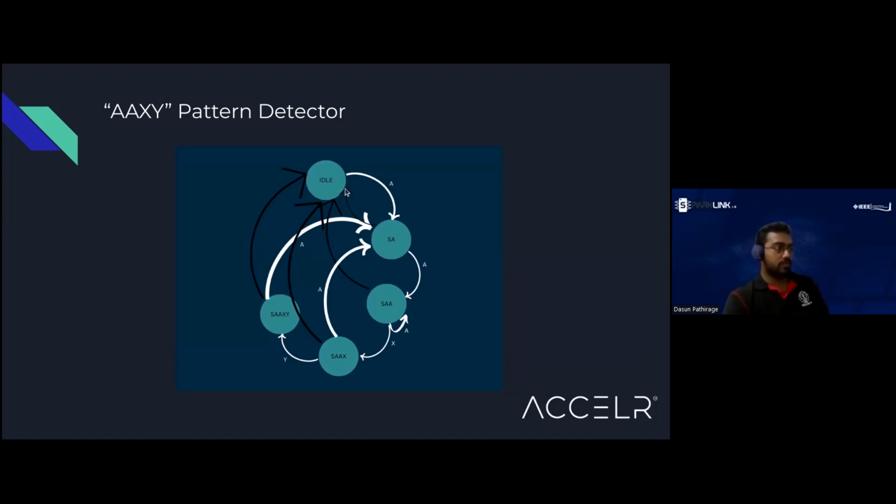So it should be continuously receiving A A X Y, otherwise, whatever the value, it goes here. In this state also it's A. So if we are receiving A or X, we have these two transitions.